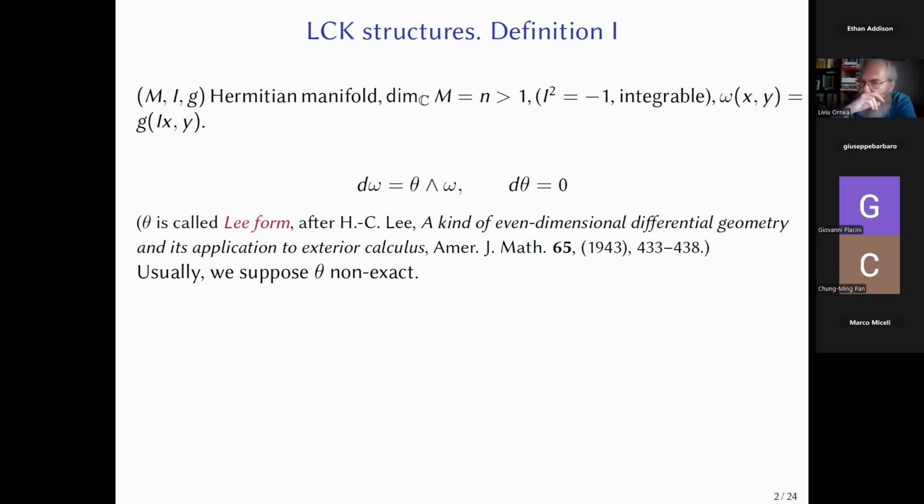Then, with the work mainly of Paul Gauduchon, this Lee form can be interpreted as the torsion form of the Chern connection, in his famous paper of 1980.